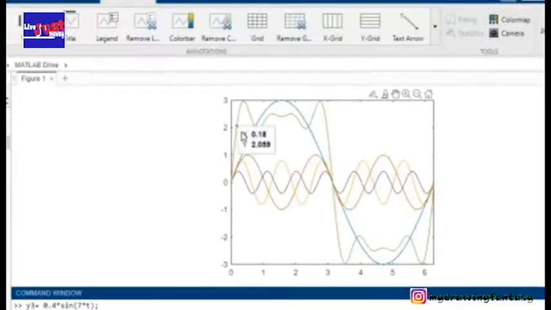Why is that? Because we added only 3 to 4 signals here. So when you increase the number of frequencies, you can get a square wave with a flat response.